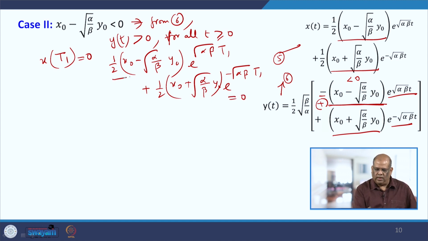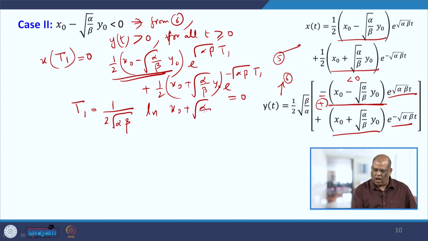So, please note that this is a negative quantity. So, when I calculate this t1 in the similar manner, I will get t1 is equal to 1 by 2 root of alpha beta ln of (x0 plus root alpha by beta y0) by (x0 minus root alpha by beta y0) with a negative sign.